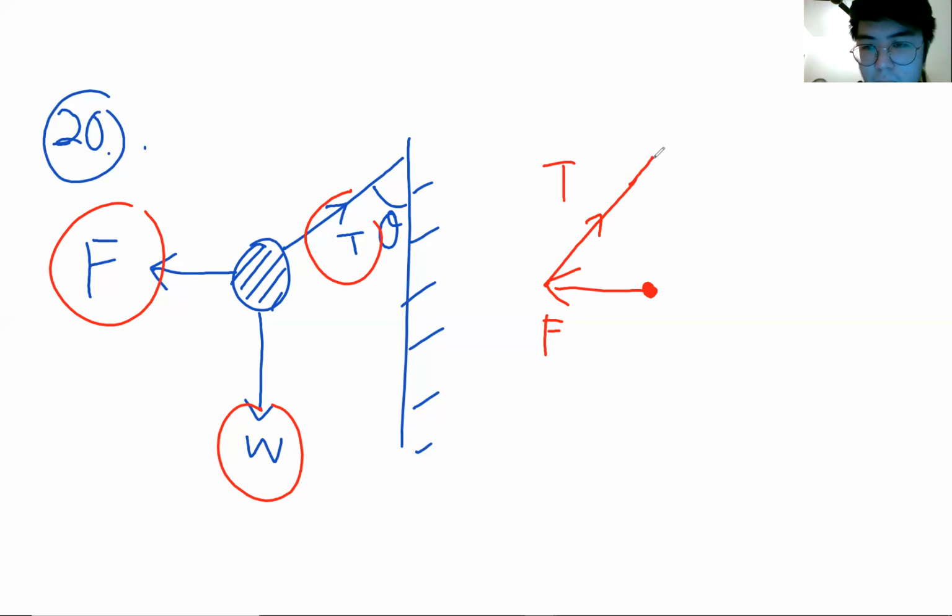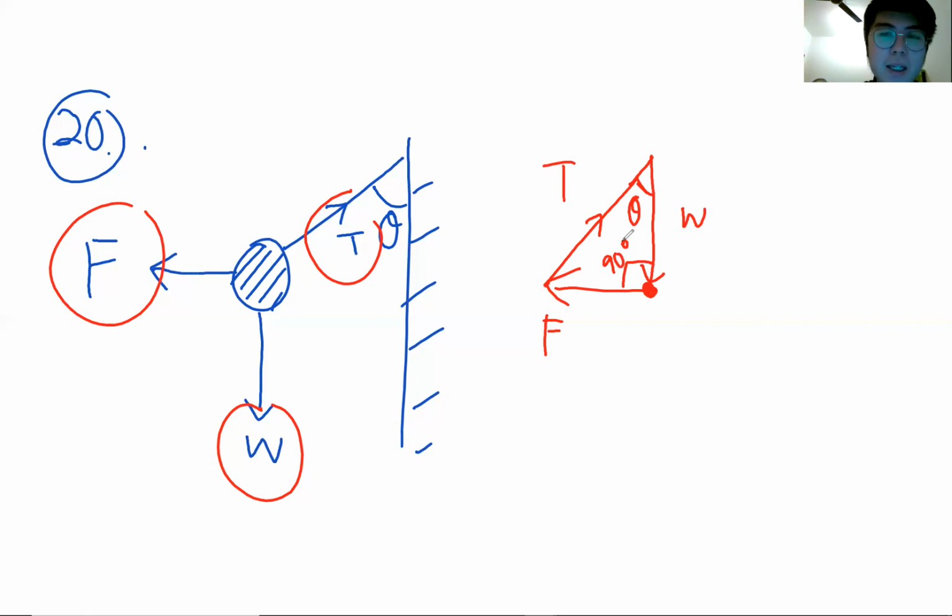So combine here, you'll see that this force diagram, when you add up together, they will come back to the original position, the initial position, the point. And then you label the angle here, theta. This is 90° here, and then find T, the tension of the string.